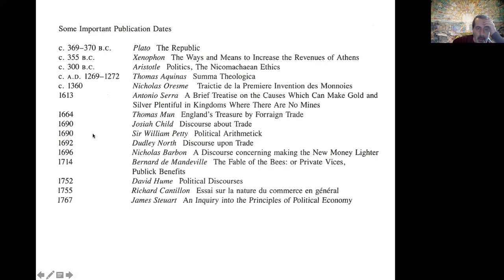And Aristotle, Politics, 300 BCE, and during the Middle Ages, Thomas Aquinas. Thomas Aquinas was an important figure who actually applied Aristotelian ontology and cosmology to Christian Catholic thought, and he was one of the most important figures of the Catholic Church.